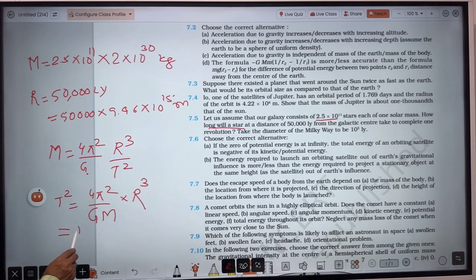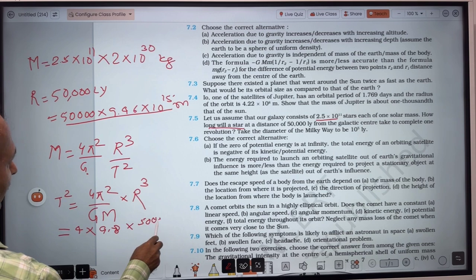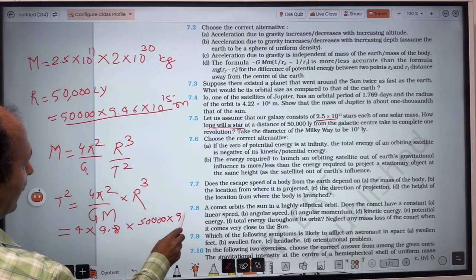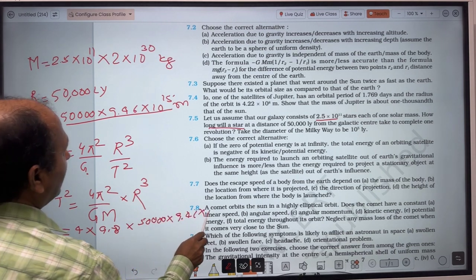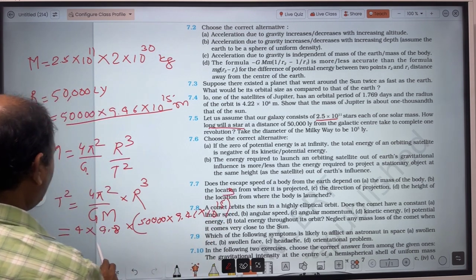So 4 pi square, 4 into 3.14 square, into R cube, that is 50,000 into 9.46 into 10 to the power 15, whole cube.